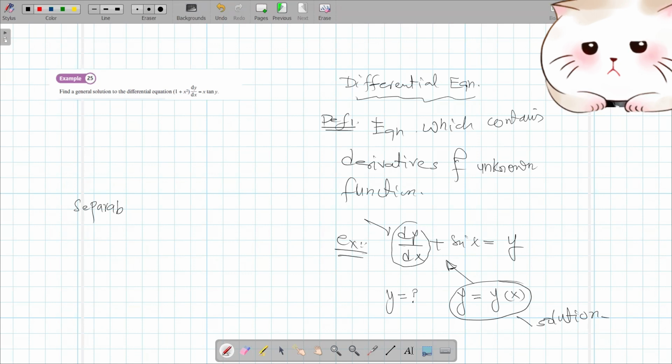If the derivative is of second order, it contains the highest derivative, which is of order 2, so this is called an order 2 differential equation.